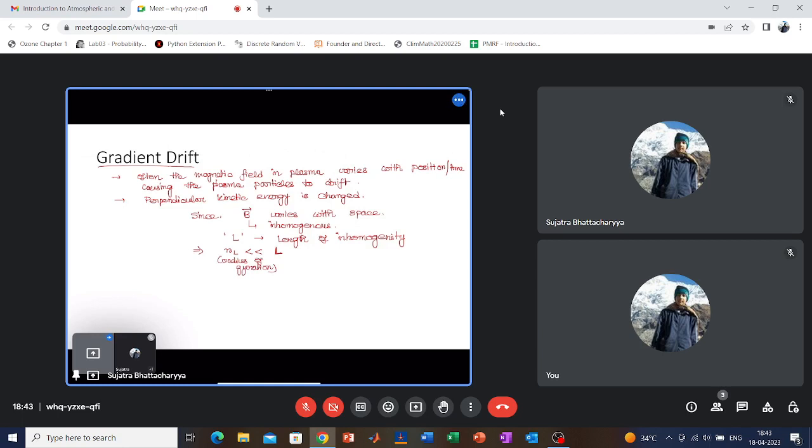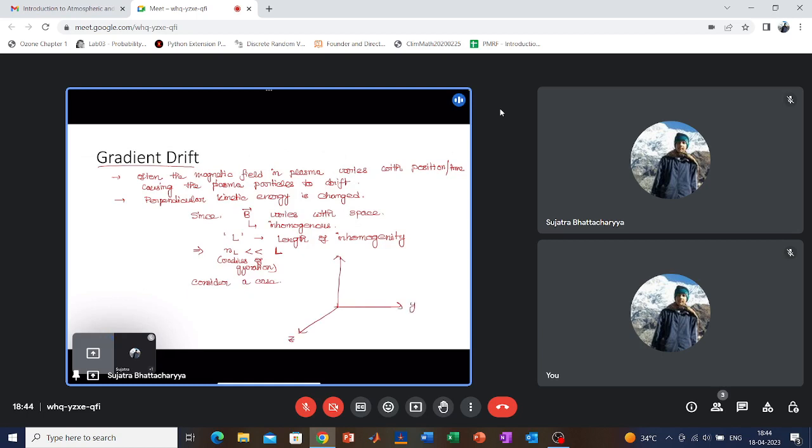Okay. Now, let us consider a case where you have three axes. So this is your Z, suppose.